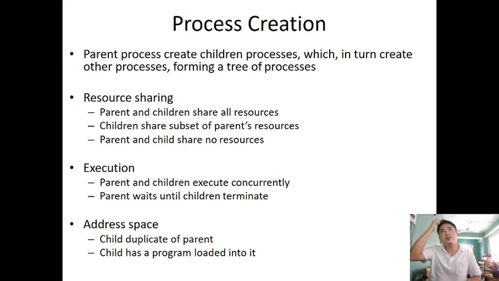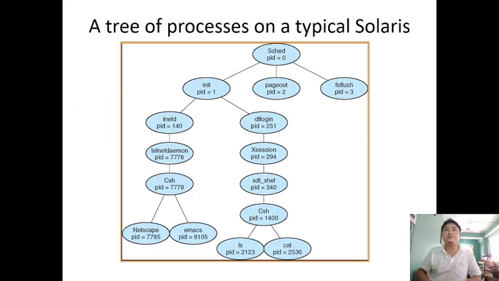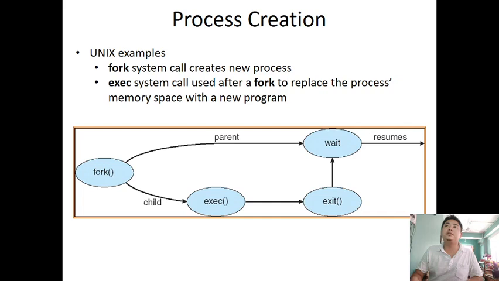So this is all about process creation. A process can create a child process, and that process can again create a child process. Like that we can have a tree of processes, and each process is identified by a unique identifier called the process identifier, PID in short.